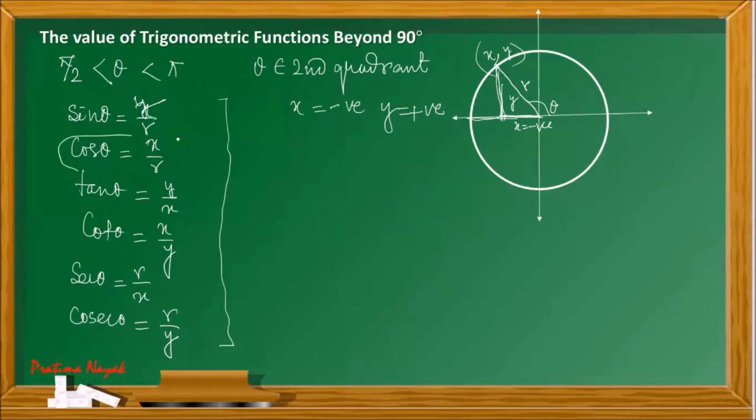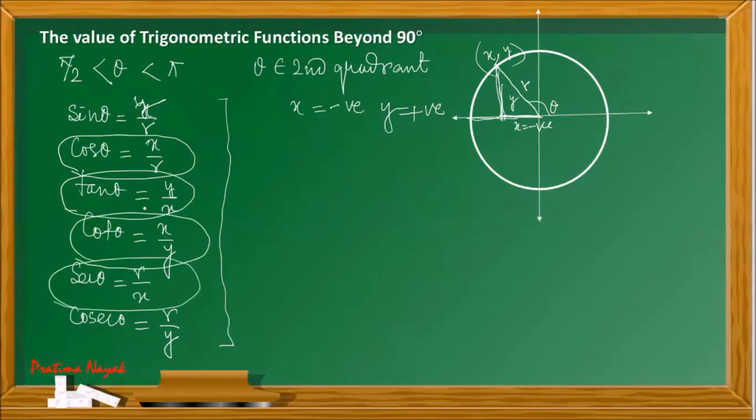So cos theta will be negative, tan theta will be negative, cot theta will also be negative, and sec theta is also negative. Only sin theta will be positive and cosec theta will be positive. So in the first quadrant all are positive, and in the second quadrant we get sine positive and cosec positive.